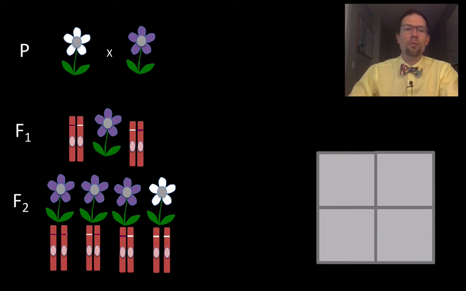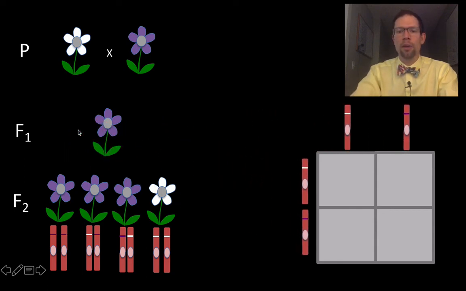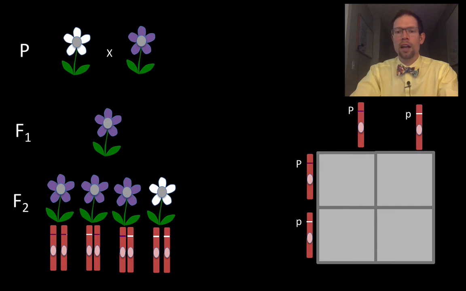So now we have individuals that have a big P and a little p present here. We'll put those up on the Punnett square. And if you see the letters, we have big P, little p, big P, little p. We're going to fill this out like we did before. So this is going to get two big P's, this big P and this big P. This one here and this one here are going to have a big P and a little p.